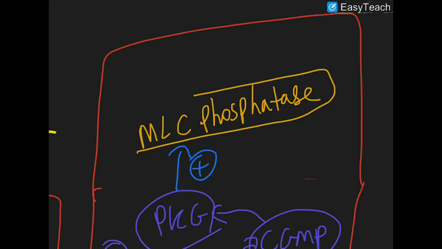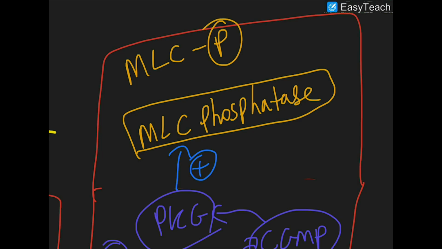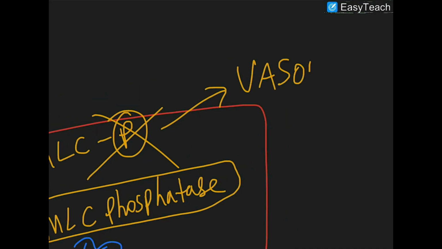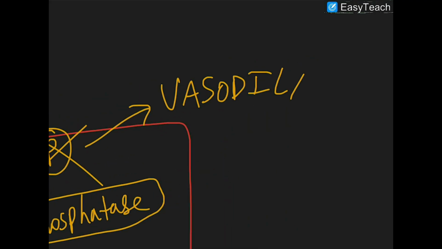So if it's the opposite, it's going to take the phosphate away from myosin light chain. So if it takes it away, myosin light chain can no longer bind to actin, which means that it's going to lead to vasodilation, right? Because if myosin can't bind to actin, you can't cause that cross bridge formation and vasoconstriction. So myosin light chain phosphatase will strip that phosphate away from myosin light chain, leading to vasodilation, right? That's what nitric oxide does.